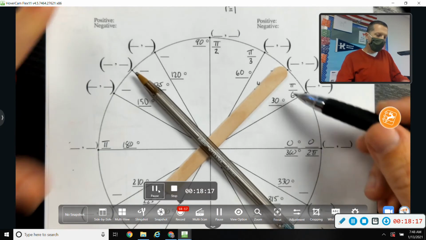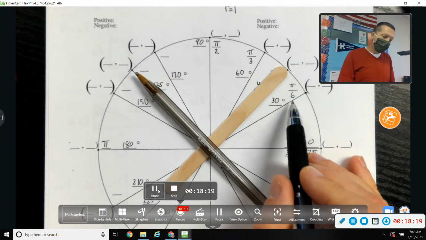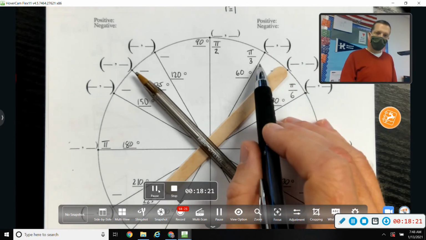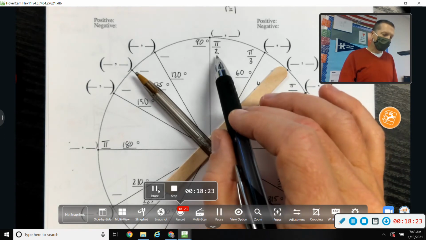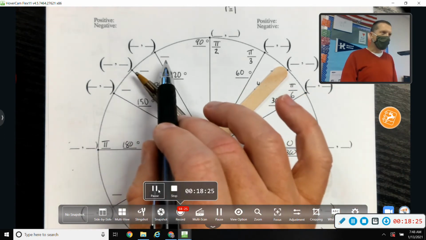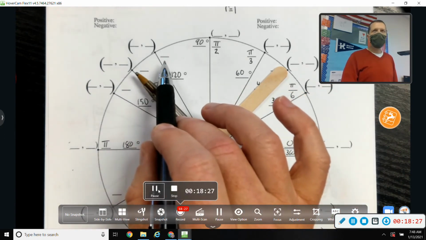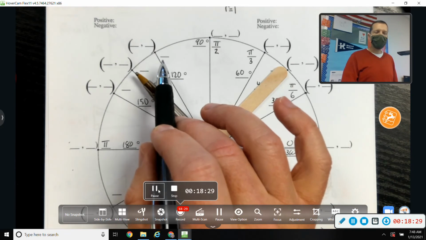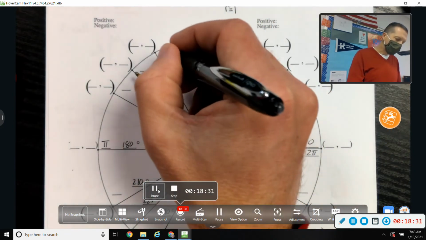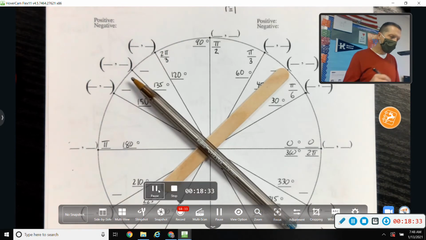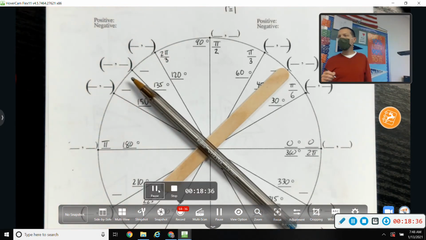Now I'm going to count by pi over 6s. So 1 over 6, 2 over 6, 3 over 6, it's already there. 4 over 6, except don't write that down. What's 4 over 6 reduced to? 2 over 3. And then whenever I reduce, I pretend to lose count.